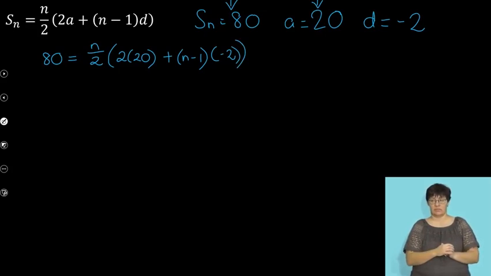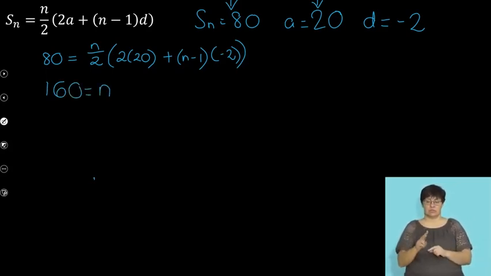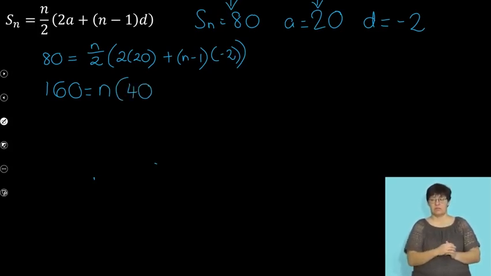Just to get rid of this fraction, I'm going to multiply both sides of the equation by 2. So I'm going to have 160, sorry, my pen did a weird thing there, is equal to n. So all I've done is multiply both sides of the equation by 2. Then in my bracket, I'm going to have 40 minus 2n plus 2.